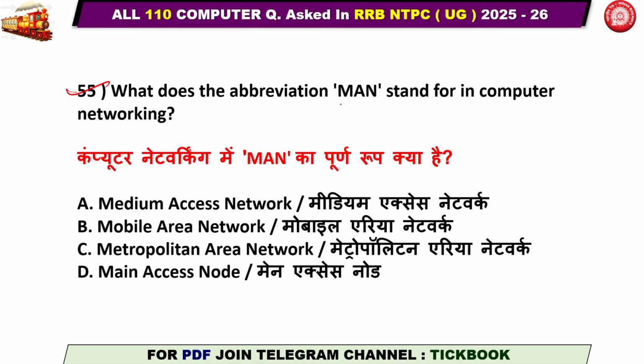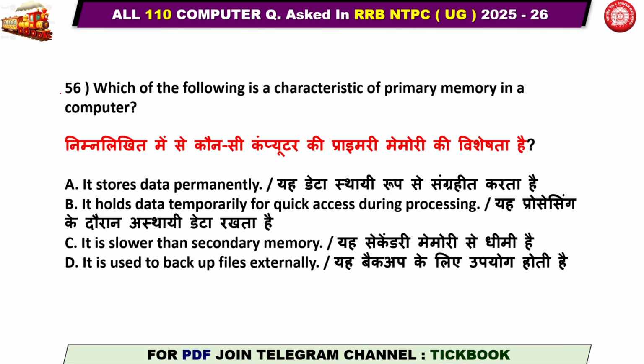55. What does the abbreviation MAN stand for in computer networking? Option number C, Metropolitan Area Network. 56. Which of the following is the characteristic of primary memory in a computer?